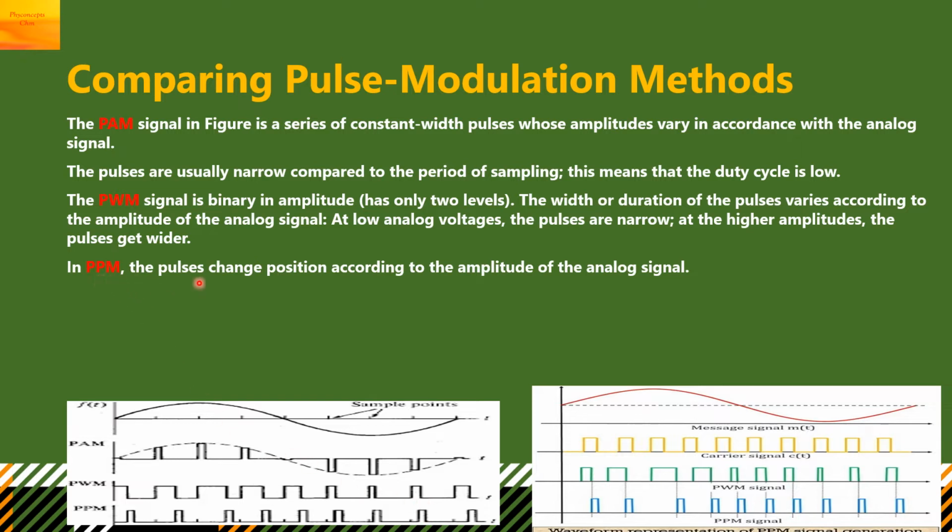In pulse position modulation, PPM, the position of the pulses, we can see, is changing according to the amplitude of the analog signal. That can be understood in this diagram more clearly, how the position is changing.